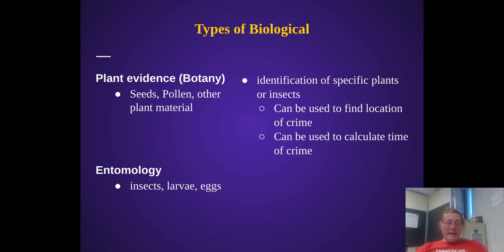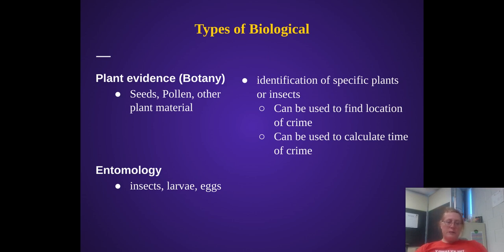You can calculate the time. If the plant only blooms at a certain time of the year, or the seeds are put down a certain time of the year. Or with the insects, you know that from the time the blowfly lays the eggs on the corpse, it takes this many days before the larvae, and then you have the first larvae.